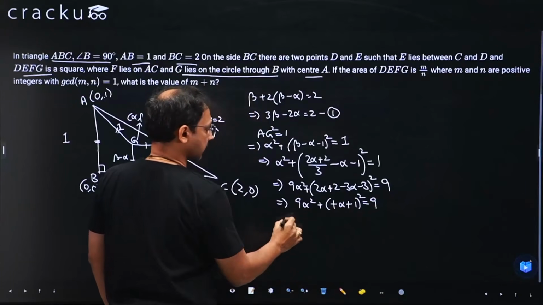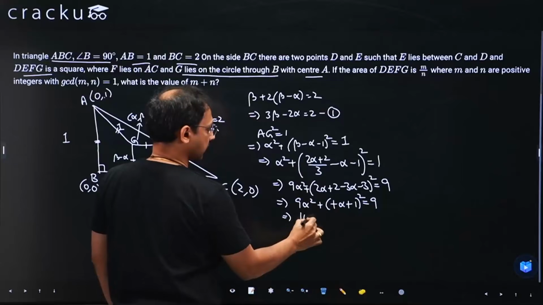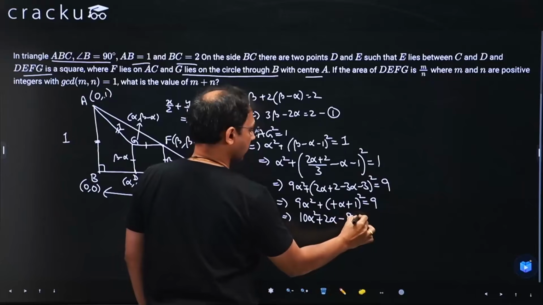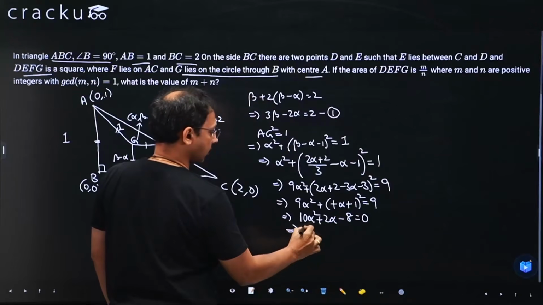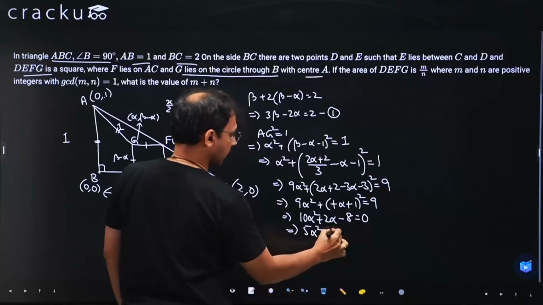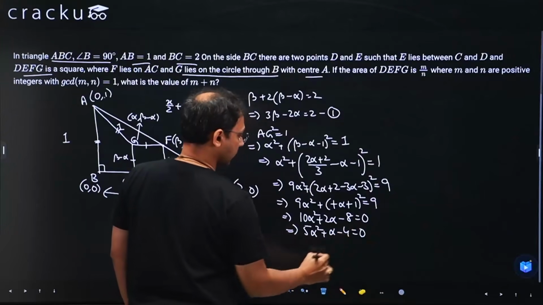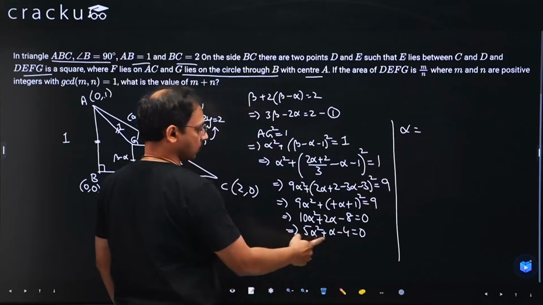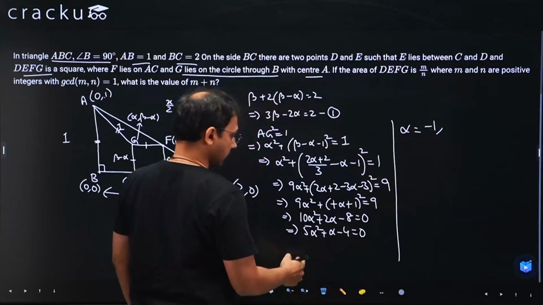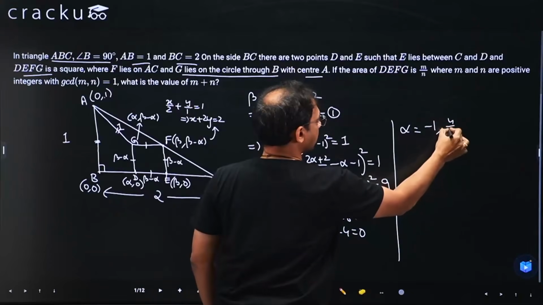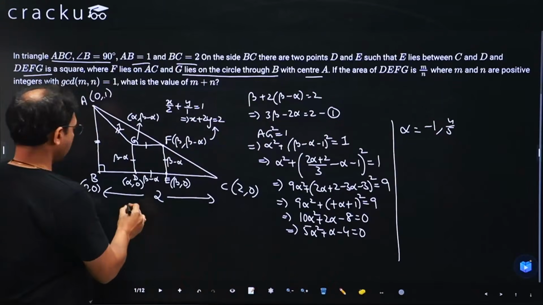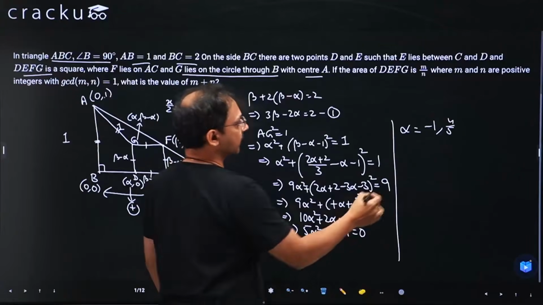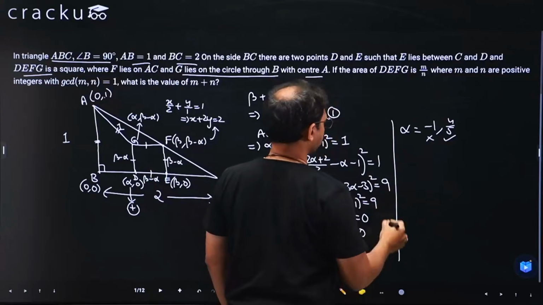I can put plus here. 1 plus 9 is 10, plus 2 alpha, 1 minus 9 is minus 8, or 5 alpha square plus alpha minus 4 is equal to 0. So from here we get alpha is equal to minus 1 and 4 by 5. Now here alpha should be positive because it is to the right of 0.